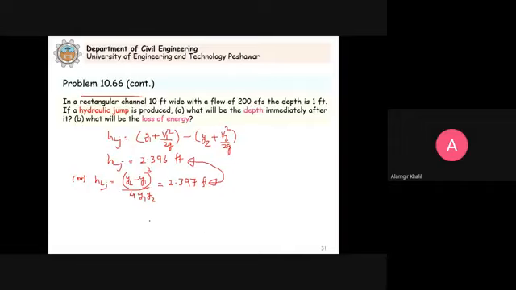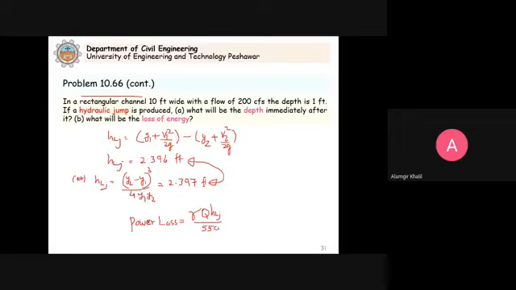Now it is asked to calculate the power loss. So the power loss will be equal to gamma Q into HLJ divided by 550, in horsepower.